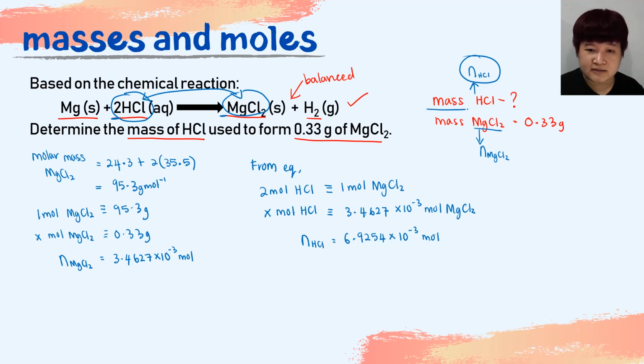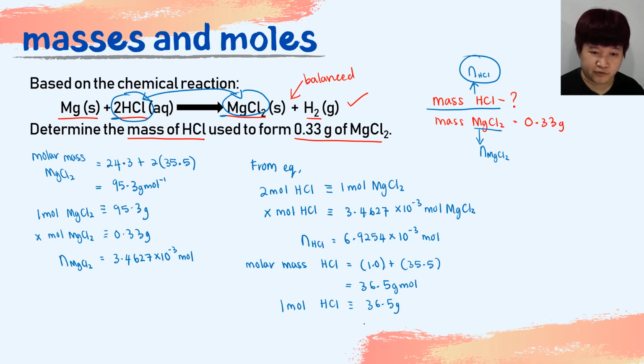But the question asking for mass. So what do? We find the molar mass of hydrochloric acid. Molar mass of hydrochloric acid, simple, which is 36.5 gram per mole. And we know that 36.5 gram is when you have 1 mole of hydrochloric acid.